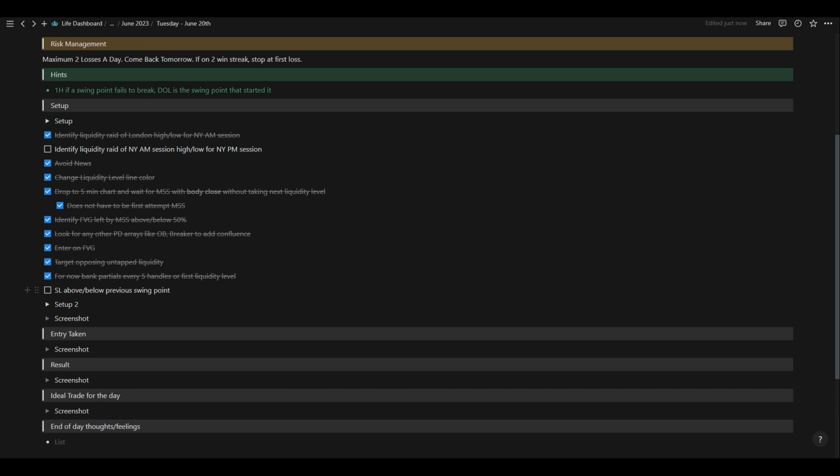Top or bottom of the first fair value gap candle, which is pretty common in a lot of models out there, or just straight up at the swing point. I mean, if it's going to go past this swing point, it's going to keep moving. So you really don't need to have a stop loss any higher than this. That invalidates the entire idea. It's just in this case, we had some impulsive movements and 12 handles was too much.